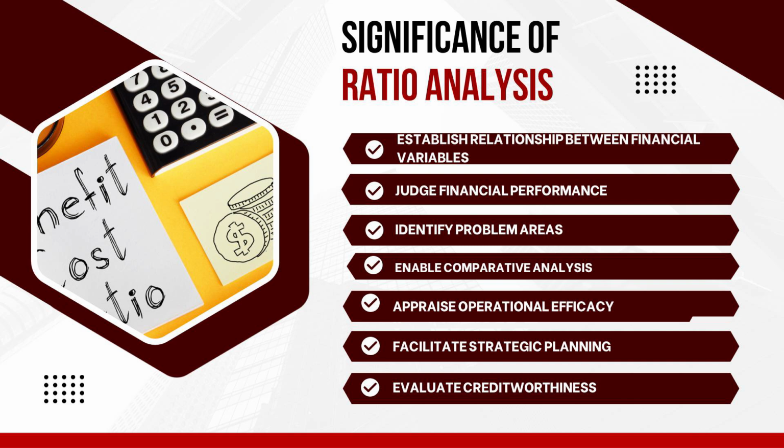Moving further, when you are going to talk about financial ratio as one of the celebrated techniques of financial statement analysis, we must delve into the significance with which it serves the stakeholder community, backed by varied interests and varied objectives. To start with, it facilitates the establishment of relationships between financial variables.